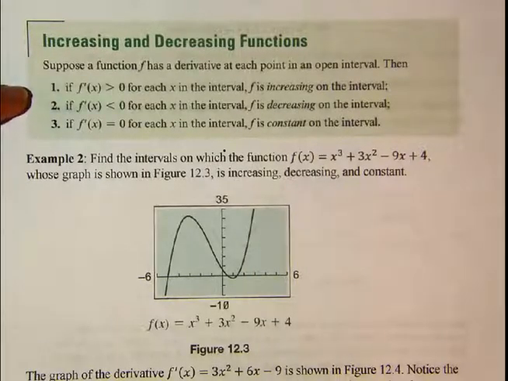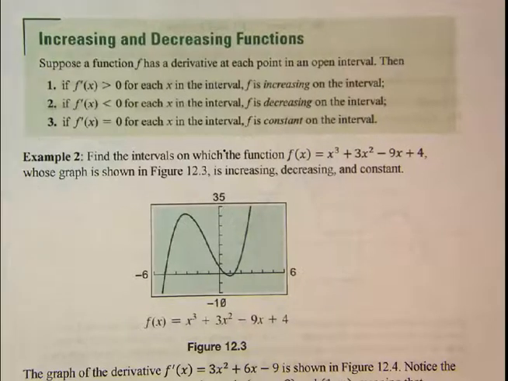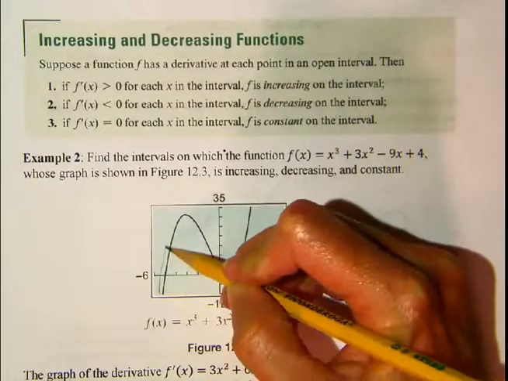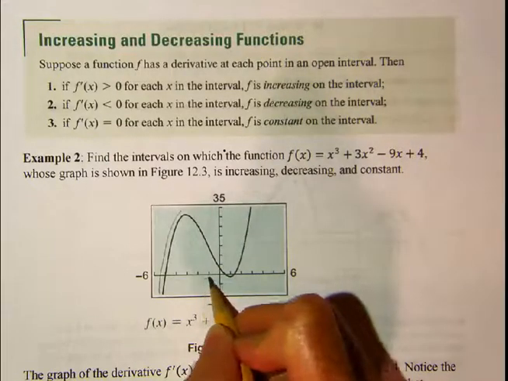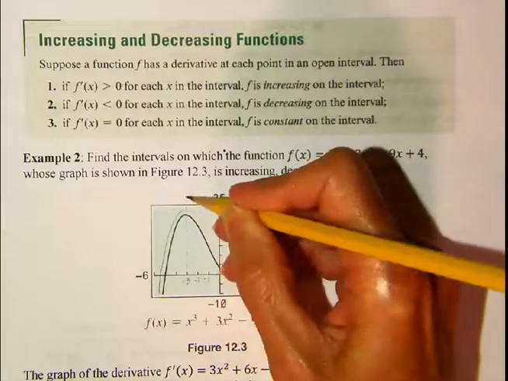Find the intervals on which the function shown in this graph is increasing, decreasing, or constant. Now, when we're given a picture, it's so easy to tell when it's increasing and decreasing. Notice we know it's increasing up to there. So what is that? This would be negative 1, negative 2, negative 3, right? Yeah.